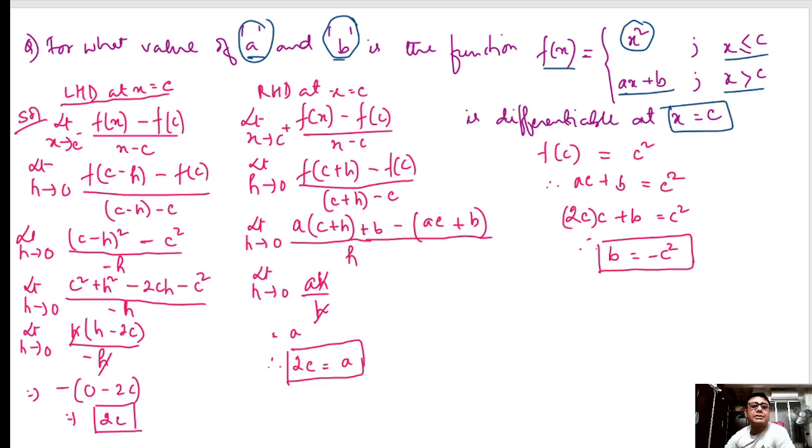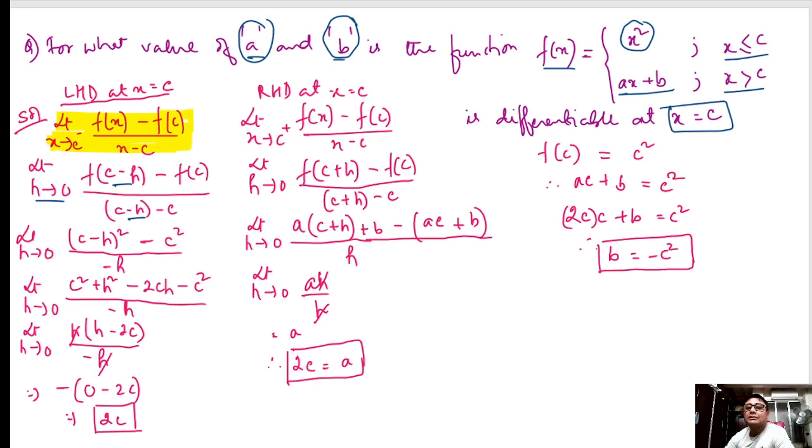That means I have to find out the left hand derivative. This is the left hand derivative at x equal to c. So I have to write limit x tends to c minus, which can be written as limit h tends to 0. In place of x I will put c minus h.